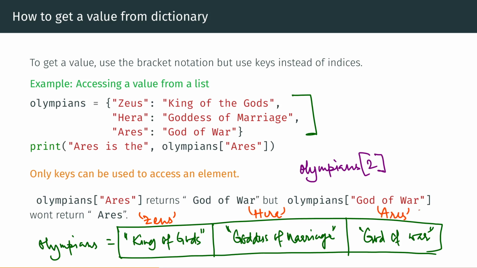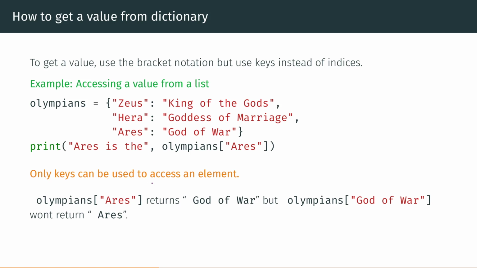In the case of a dictionary, if you want to access the god of war, instead of 2, you would say Ares. That's how you access the, I won't say third because there's no position in a dictionary, but that's how you access the specific value in a dictionary.